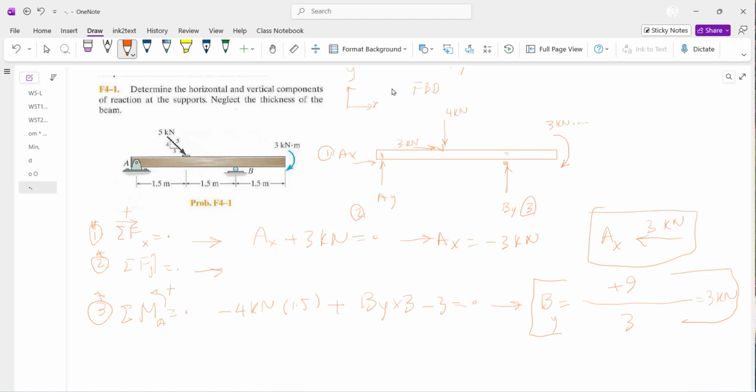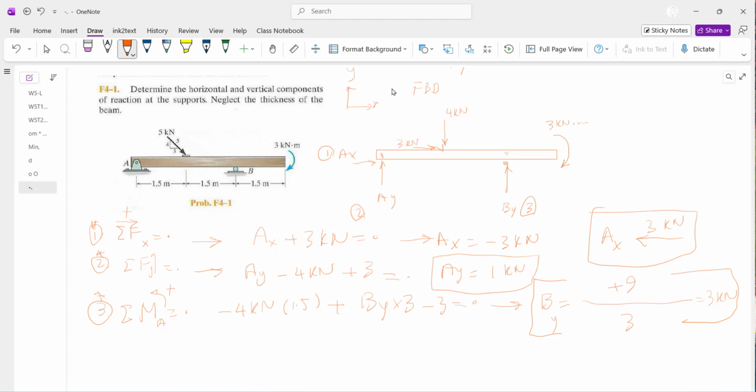So first I start with AY, which is positive AY, and then minus 4 kilonewton going down, and BY we found as 3, and there is no point load, so this doesn't come into that equation. So minus 4 plus 3 is minus 1, take it to the other side, so AY becomes positive 1 kilonewton, and that means the assumed direction for AY was correct.